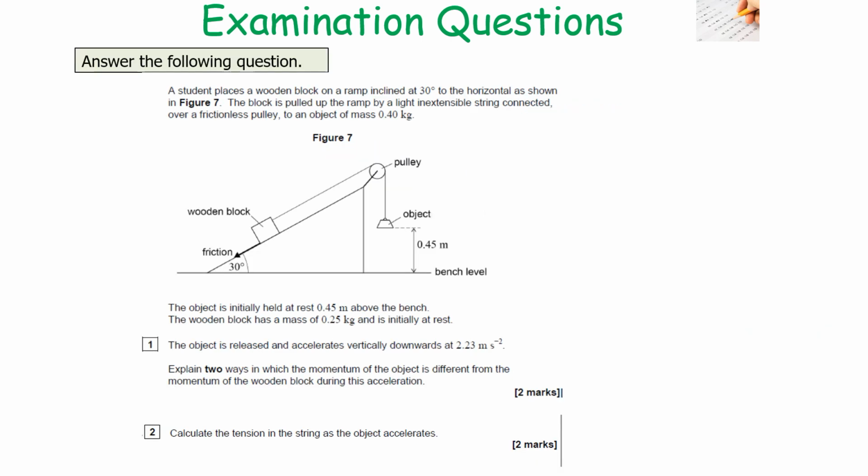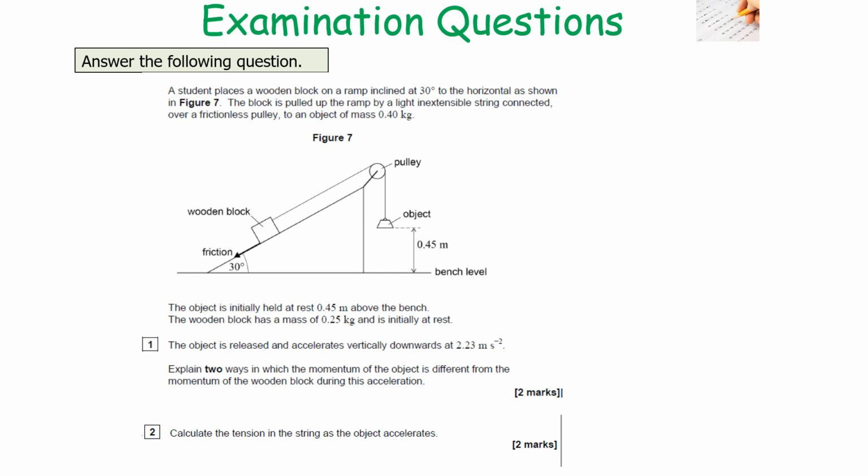Right, let's have a look at our next question. A student places a wooden block on a ramp inclined at 30 degrees to the horizontal as shown in the figure. The block is pulled up the ramp by a light inextensible string connected over a frictionless pulley to an object of mass 0.4 kilograms. The object is initially held at rest 0.45 meters above the bench.